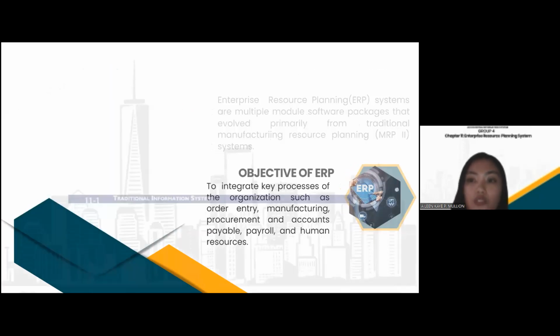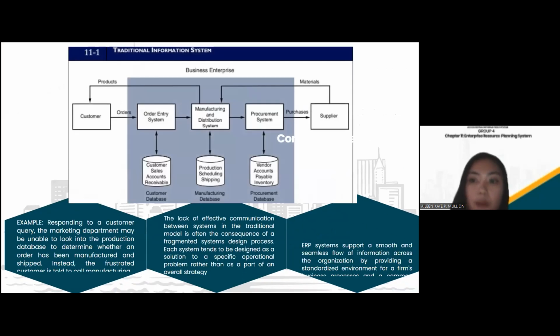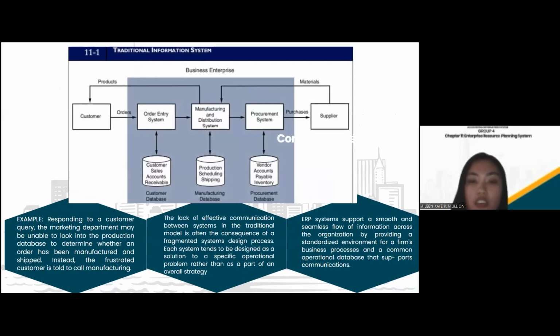To illustrate, consider the traditional model for a manufacturing firm illustrated in Figure 11.1. So this company employs a closed database architecture, which is similar in concept to the basic flat file model. Under this approach, a database management system is used to provide minimal technological advantage over the flat file system.